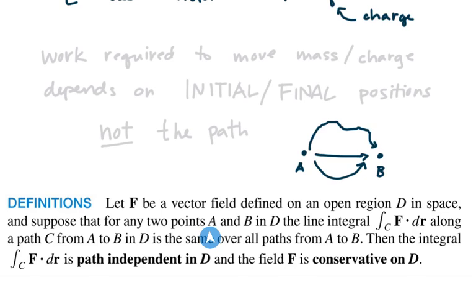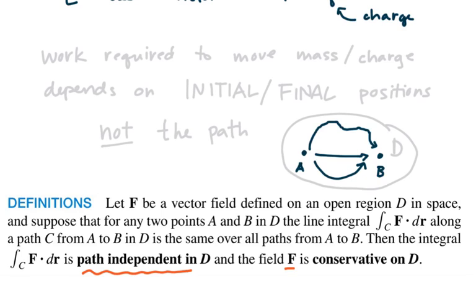Suppose that for any two points A and B in D, the line integral along that path C, and we could have different paths from A to B in my region D, is the same over all of the paths. That means that if my line integral is the same regardless of the path, we say that it is path independent in D.